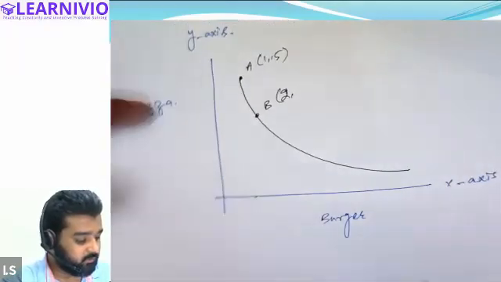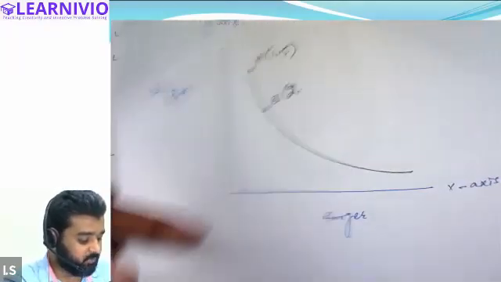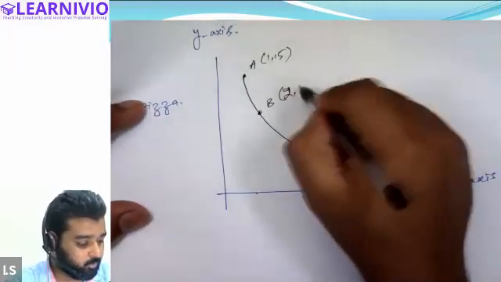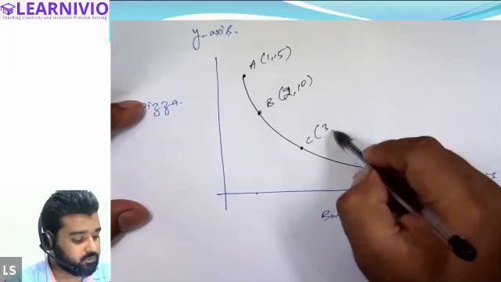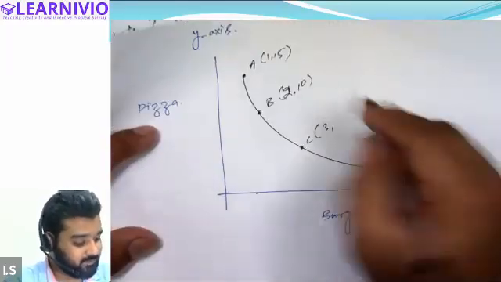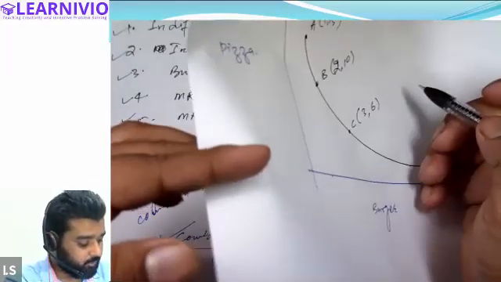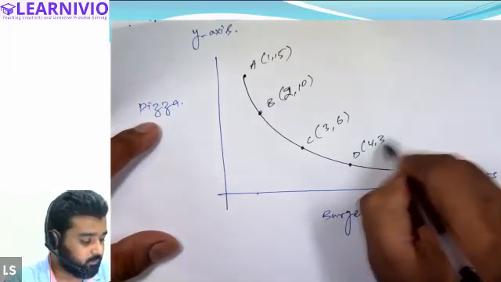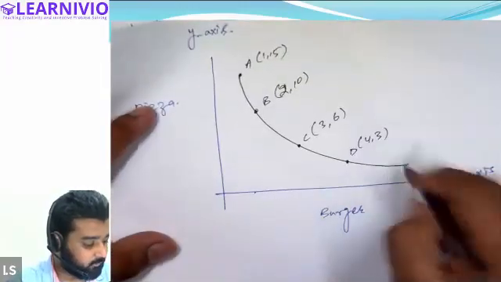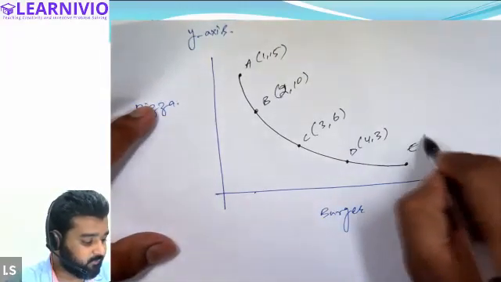This will make a convex shape curve. So this combination will be 2 and 10. Then we have combination C, which is 3 and 6. Then we have combination D, 4 and 3. Then we have 5 and 1. So this is combination E, 5 and 1.